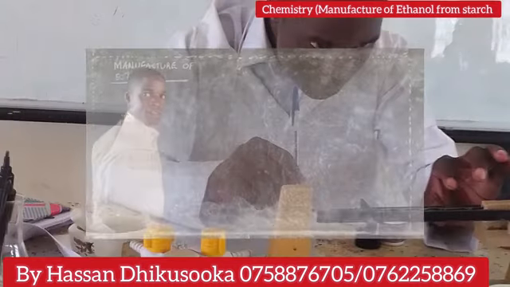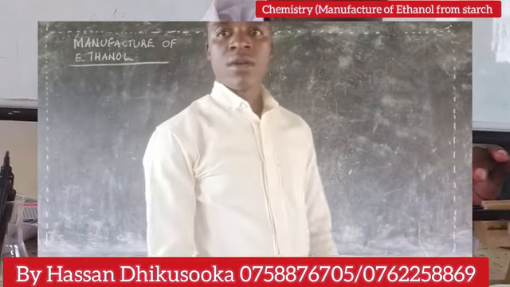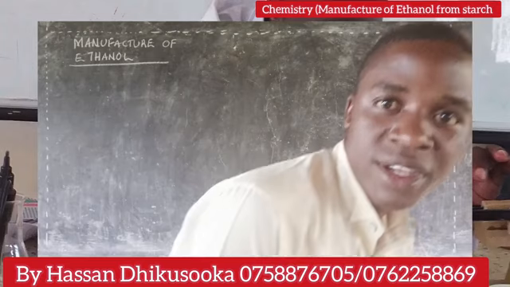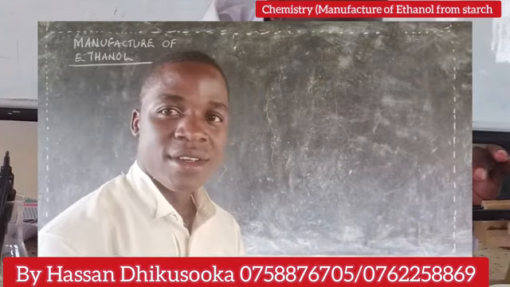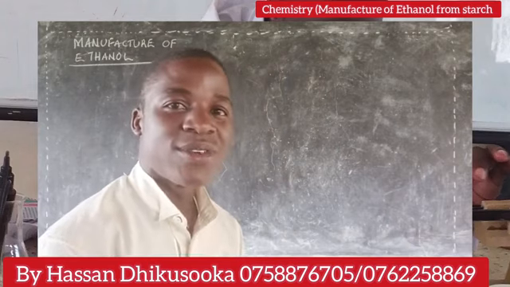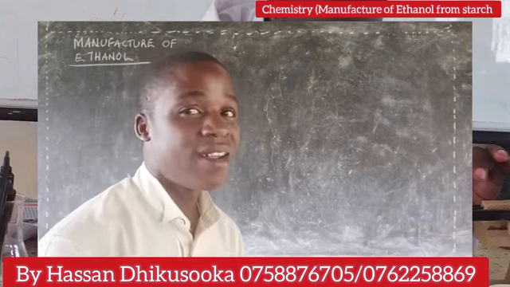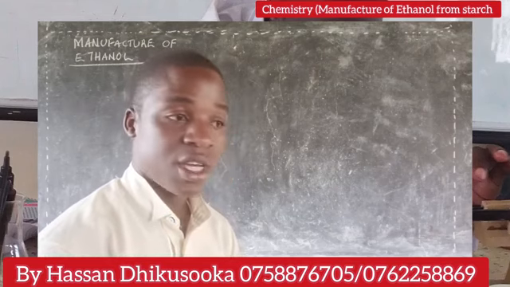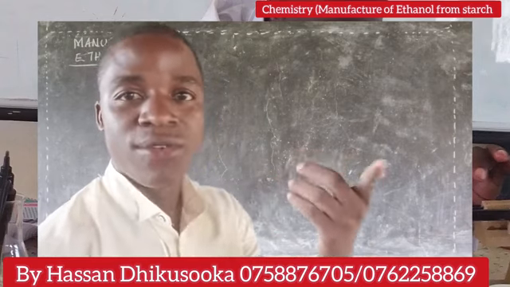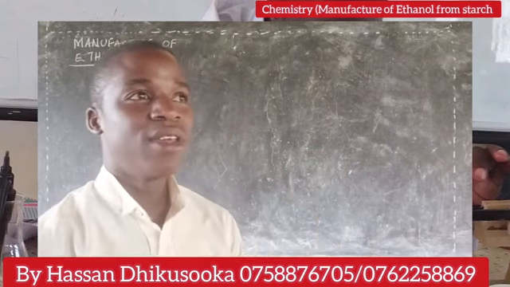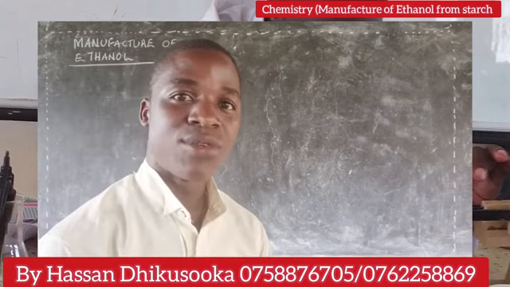Manufacture of ethanol. Now, when you look at this, the one we are talking about at the moment, manufacture of ethanol. First of all, during the time of COVID-19, this one was very important because it was being used in the making of sanitizers. So it looked to be a disinfectant when it came to the virus.